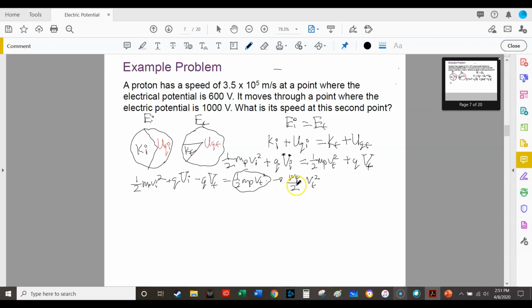We have to multiply both sides by 2 and divide both sides by the mass of the proton. In a way, you could imagine this is flip-flopping onto the other side, so 2 is going to now be on top. Multiply both sides by 2, divide both sides by the mass of the proton, and this side right here is going to now be in parentheses.